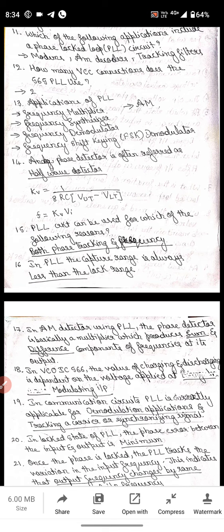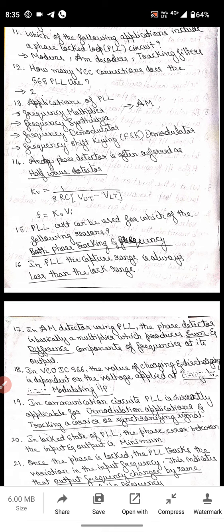We can write the equation as Kv into Vi. A PLL circuit can be used for both phase tracking and frequency.